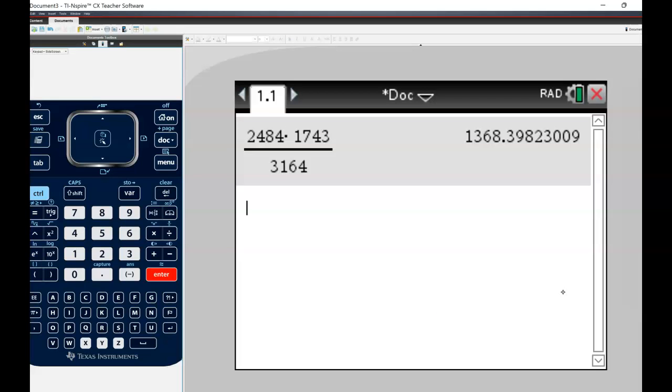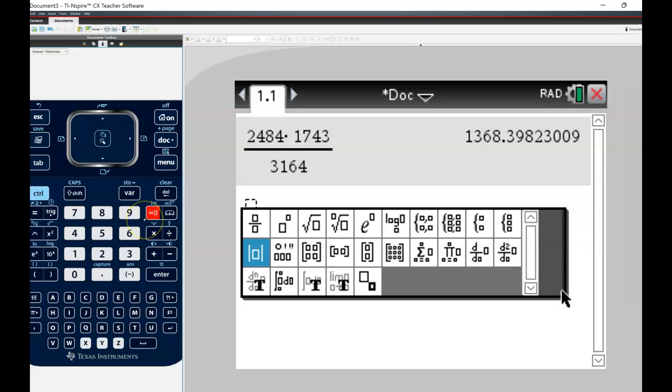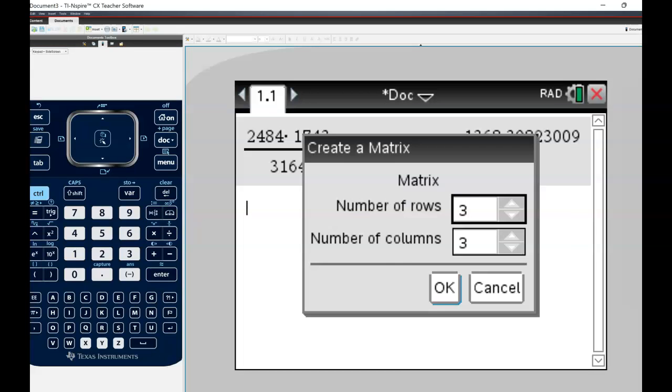So we go into the calculator, and what you're going to do is go into the first row, the row 789, and to the left of the book key is a symbol key, and you want to hit it. It looks like a matrix.